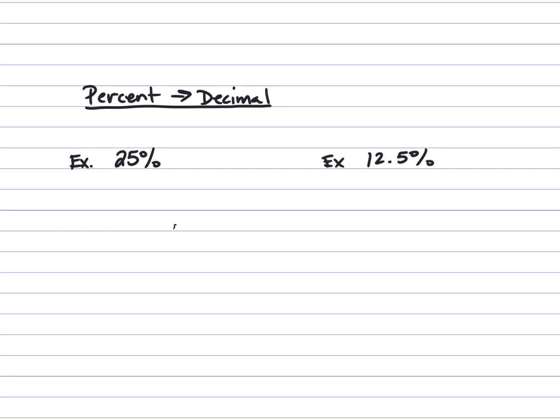When we went from a decimal to a percent, we multiplied by 100. And so now we're just doing the opposite. We're going to divide each of these percents by 100. 25 divided by 100 is 0.25.